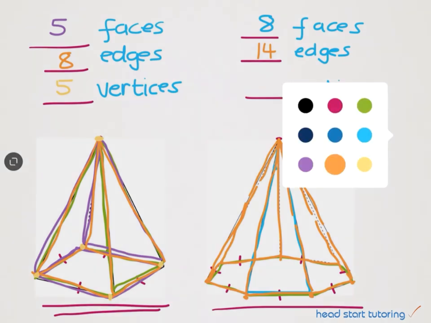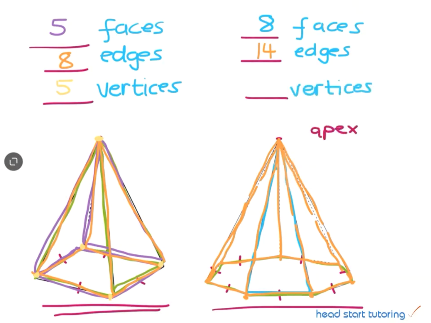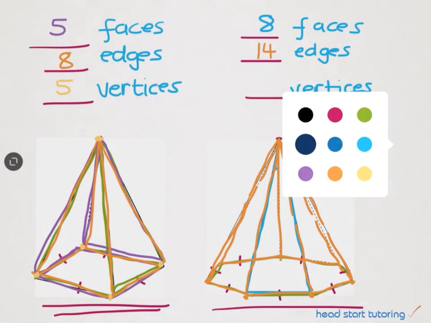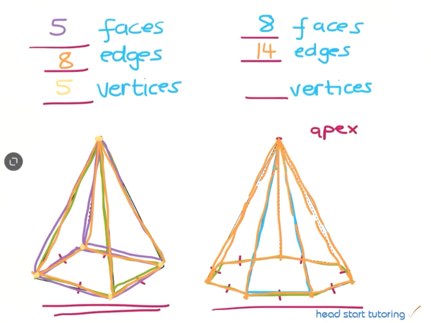Right, let's have a look at how many vertices our heptagonal pyramid has. So we have got 1 vertex over there, which is our apex. Then 2, 3, 4, 5, 6, 7, and 8 vertices altogether.